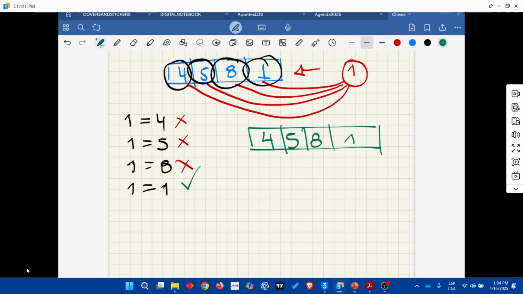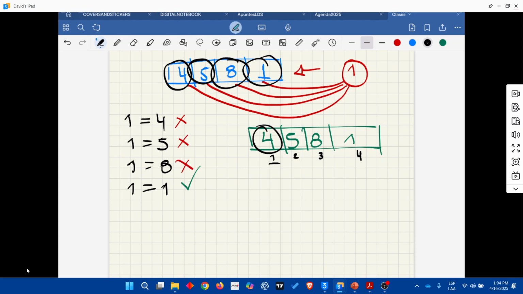Obviously we need to start with this number, and we are going to compare it with the other numbers. Then we are going to move to start in the next position. Remember, this is position number 1, 2, 3, 4. In pseudocódigo, it doesn't matter here, we can start in 0.